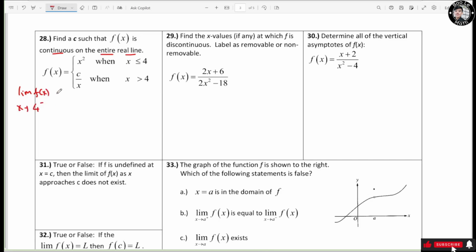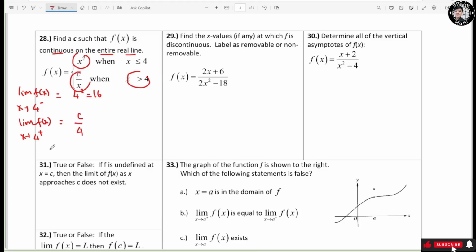It's going to be this one right here, so it should be 4 squared equals 16. The limit of f of s when s approaches 4 plus is going to be this piece right here, so c over 4.